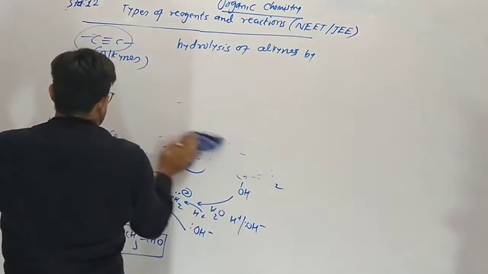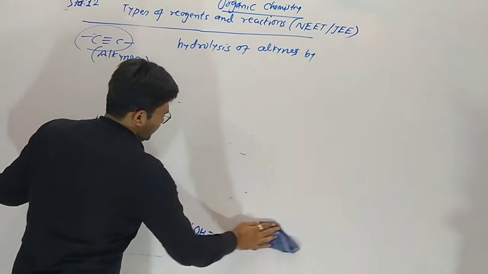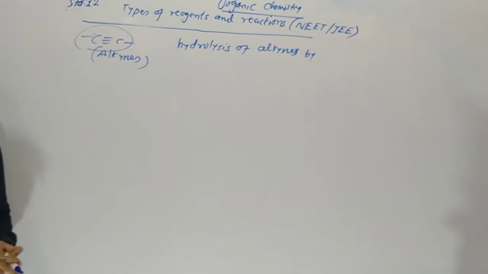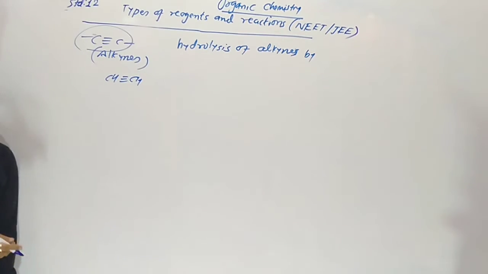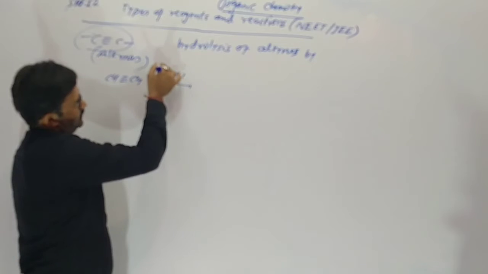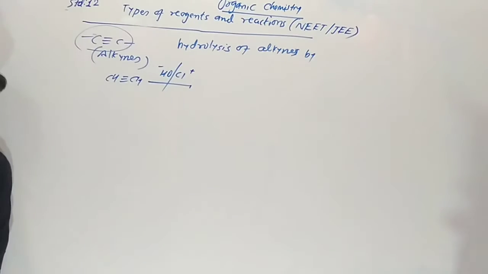Alkyne is reacting with hypochlorous acid, HOCl. Acetylene, ethyne, CH triple bond CH, with HOCl. In HOCl, OH is minus and Cl is plus.